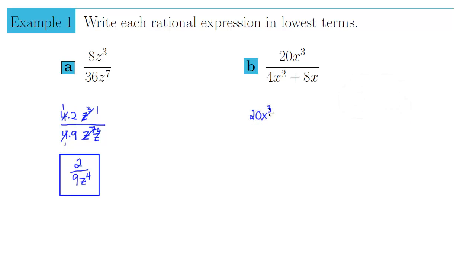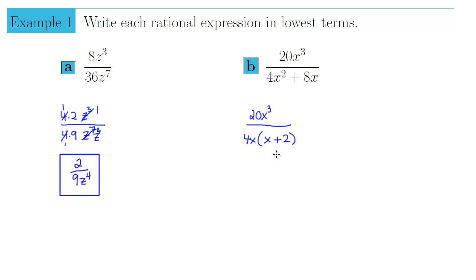And for the denominator, we have a binomial, and we factor this binomial by taking out the greatest common factor. Notice 4x divides into both the first term and the second term. So using the greatest common factor, we're going to take out 4x, and that's going to be leaving us with, inside the parentheses, x plus 2.